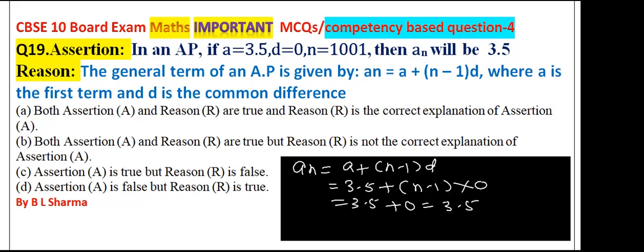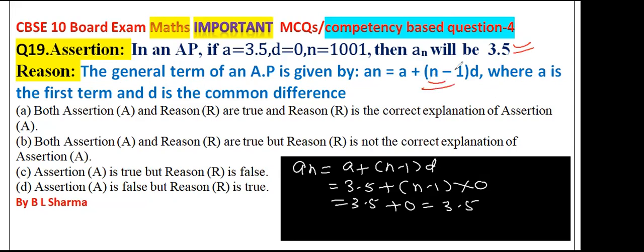It means ये इसका जो nth टर्म होगा वो 3.5 होगा. ये तो करेक्ट है. असर्शन इज करेक्ट. अब हम रीड करेंगे जो आपका रीजन है. The general term of an AP is given by nth term is given by a plus n minus 1 into d. Yes, this is also correct, where a is the first term and d is the common difference. ये second भी ठीक है, that is also correct.